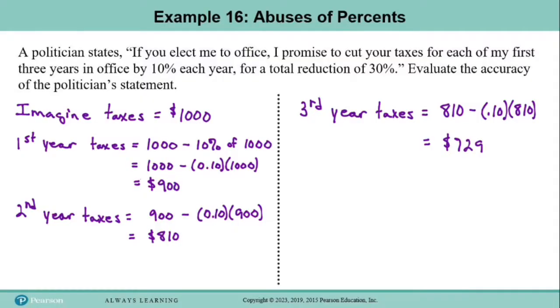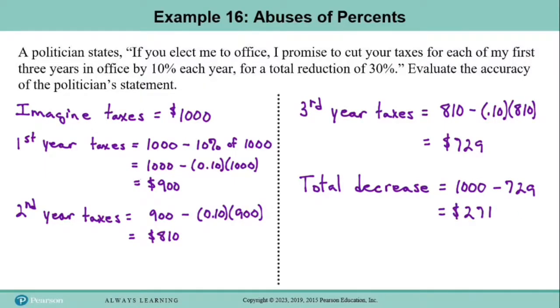Now, what we want to do to evaluate whether he's correct about the 30% total is we want to get a percent decrease from where we started to where we ended up. So remember, to calculate a percent decrease, we first find the amount of the decrease. So the amount of the decrease would be 1,000 minus 729.